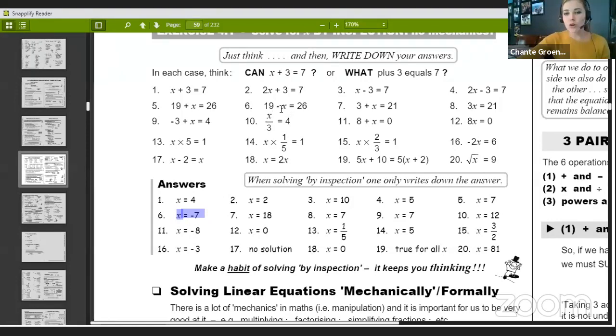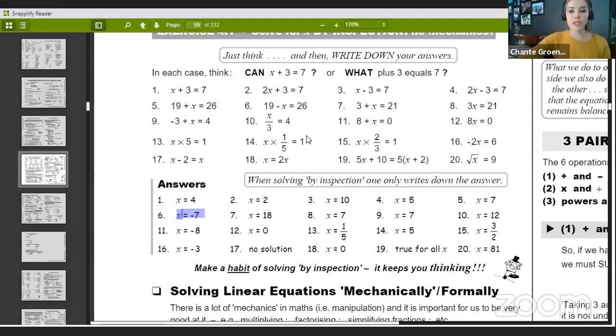Can you see that we are working with a negative x? We can't do that. They want me to solve x, so I want x to be alone. So therefore, I have to divide by minus 1. I also have to divide the 7 by minus 1. And then you will get x is equal to minus 7.